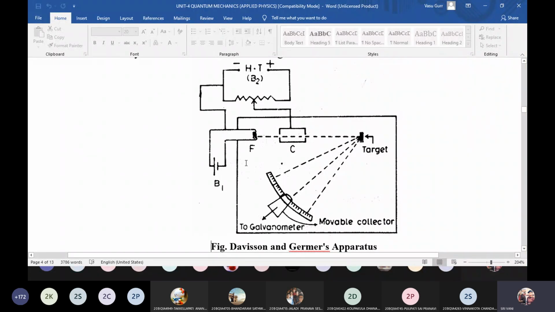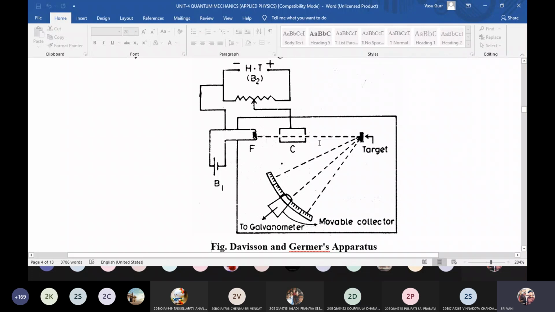Here, what is F? Filament. Yes. How many electrical batteries did we use in the experiment? 2 batteries. Without electrical batteries, can electrons be moved in the experiment?